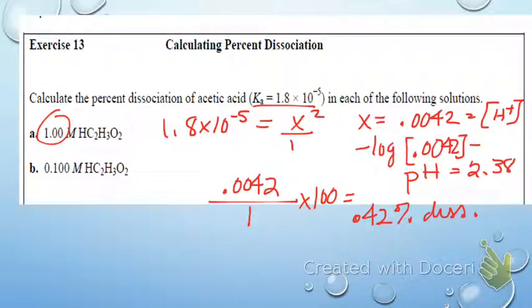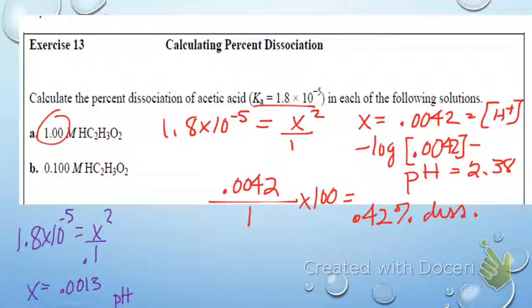If we were going to do it for the other one, same concept, 1.8 times 10 to the negative 5 is going to be equal to x squared over 0.1. And when we solve for x there, we get x is equal to 0.0013. If we were to do the pH of that, it ends up being 2.88, not a huge difference in our pH, but look what happens to our percent dissociation.